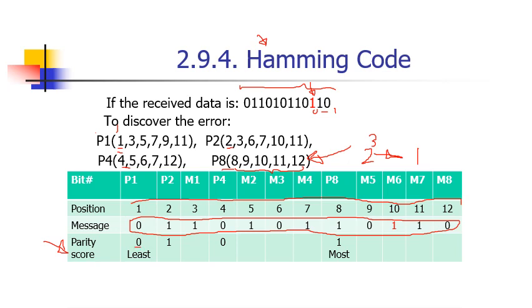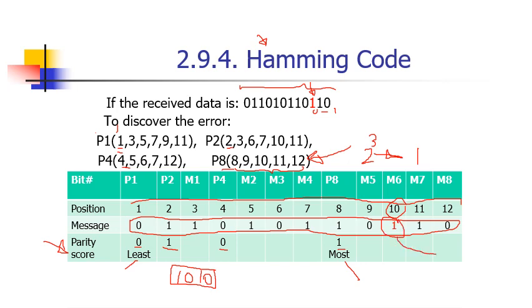You would find that P1 is a 0, P2 is a 1, P4 is a 0, and P8 is a 1. 8 is the most significant, 1 is the least significant, so you have an error in the bit whose position is 1, 0, 1, 0. So the bit in position 10 is incorrect. This is position 10. This bit is incorrect.